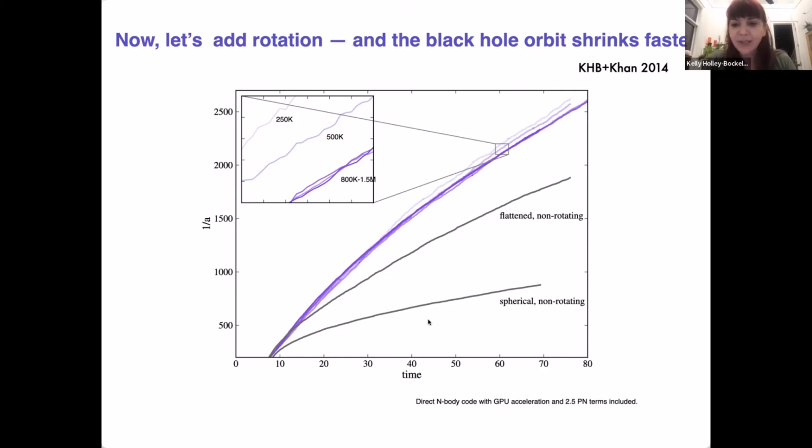And you can see in a spherical system, you never reach that case. You do barely reach it if you're just axisymmetric. And if you're rotating, then the orbits shrink even faster. And just a word about why it's so computationally expensive.